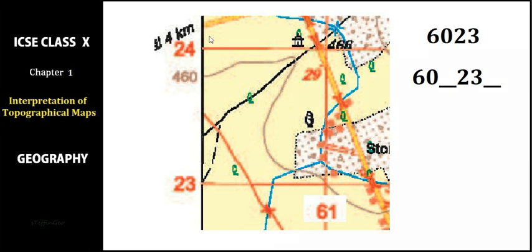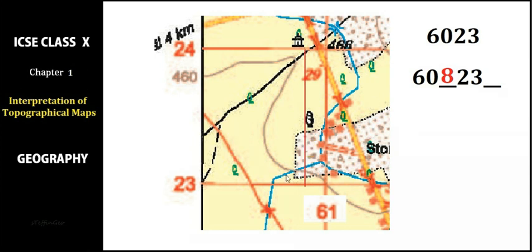You don't necessarily need to divide it. You can use a scale and take the measurement in millimeters. Say for example it is 18 millimeters, you divide it by 2, that is 9. So here it comes to somewhere around 8, and we write the value of the easting.